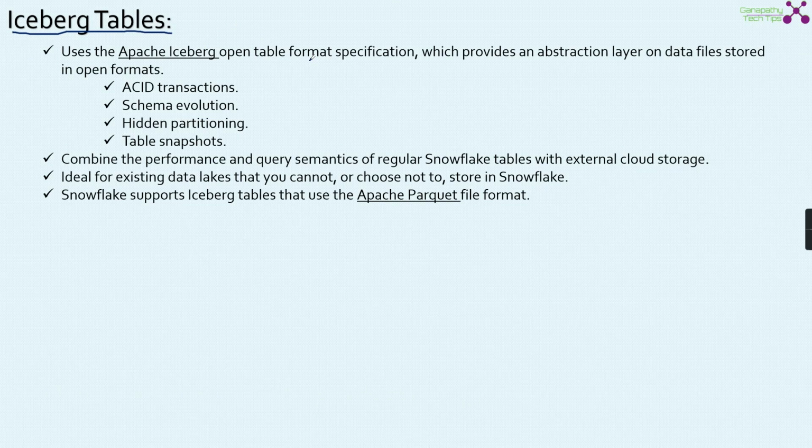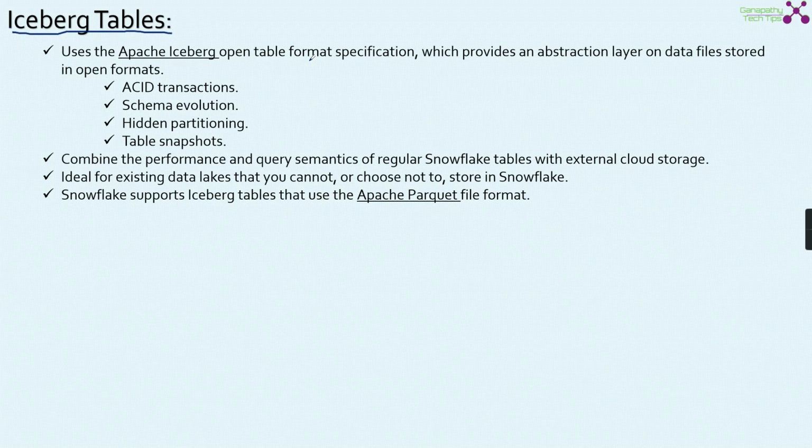There are different data lake file formats available. Typical data lake file formats are Delta Lake from Databricks, Apache Hudi, and Apache Iceberg, which is another data lake file format currently available.